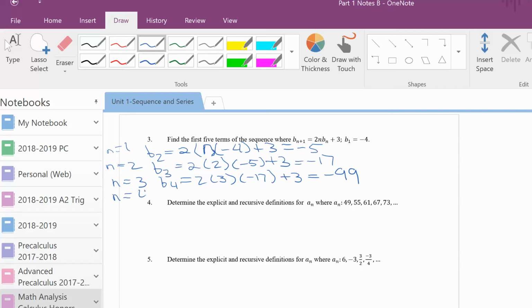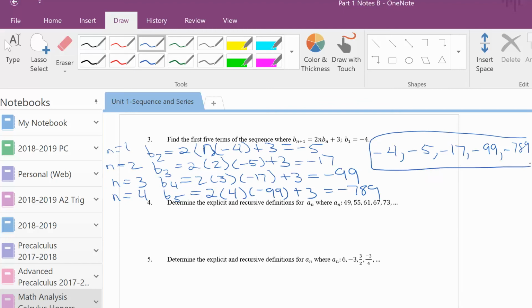To find the fifth term, n is 4. So it's 2 times 4 times -99 plus 3, which is -789. So the first 5 terms are -4, -5, -17, -99, and -789.